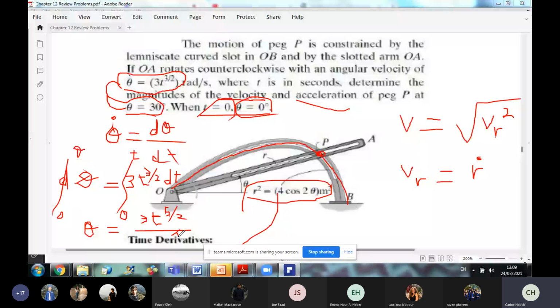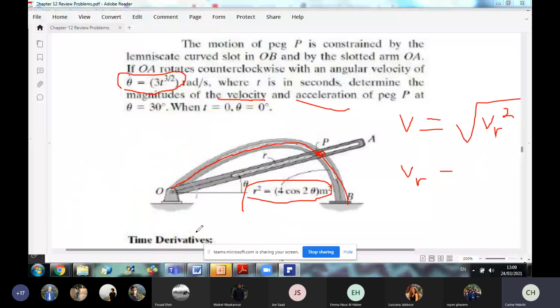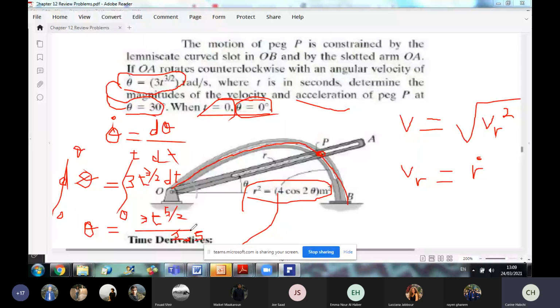Once you get theta as a function of time, what I am interested in this problem is velocity and acceleration for theta equal to 30. So all I have to do is replace in this equation theta by its value. But please pay attention: you replace theta in radians, not in degrees. Because here, look, they gave you the unit of theta dot in radians per second, not in degrees per second.